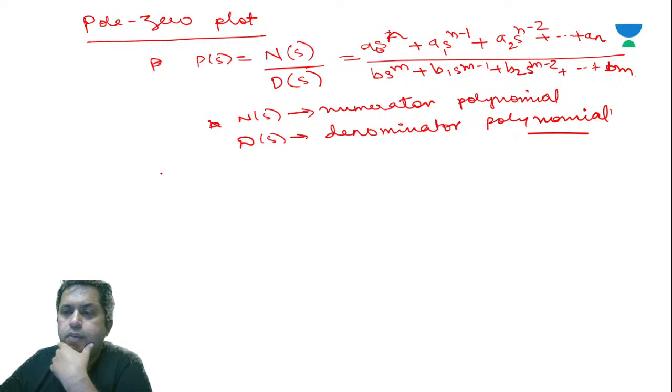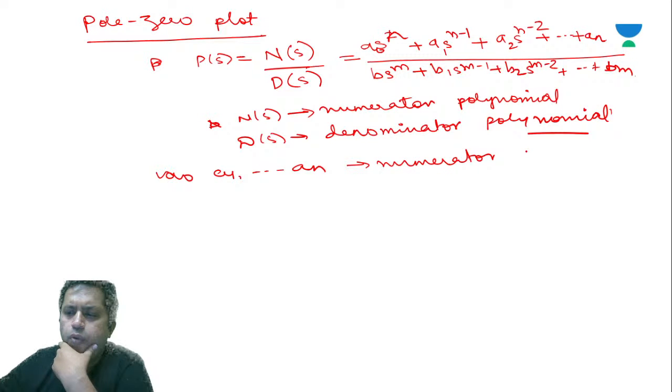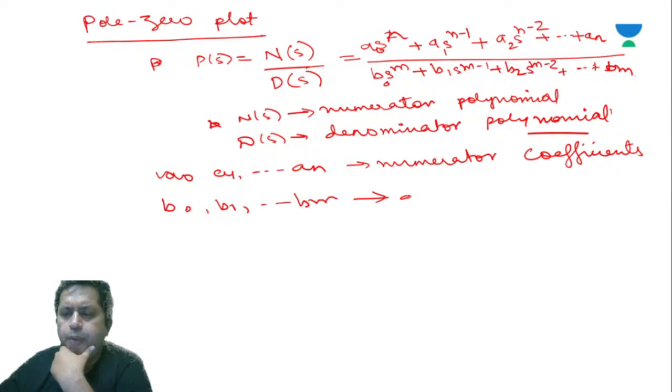From that, a0, a1 up to an are the numerator coefficients. Dear students, here b0, b1, up to bm are the denominator coefficients.